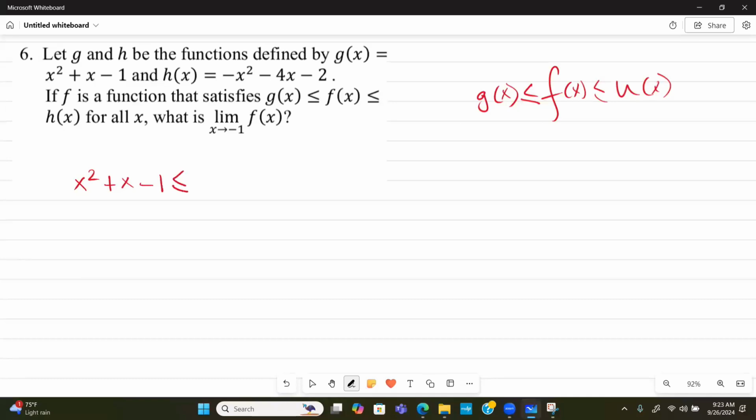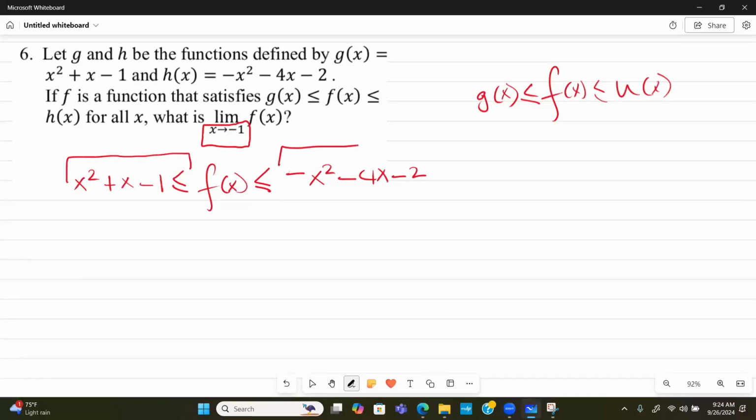And then this is less than or equal to our F function here, which is less than or equal to the H function, which is minus X squared minus 4X minus 2. We are looking at these when we want to take the limit as X goes towards -1. So basically, we're going to isolate these two functions here, and we're going to work them out. And then we're going to come back to compare. So let's take a look.